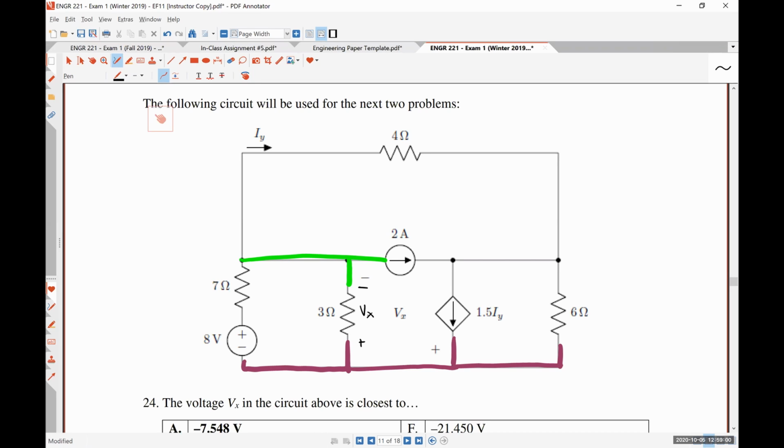And that is because they're in parallel, right? No, it's from the definition of voltage. Voltage is defined as the difference in electric potential between 2 points or 2 nodes in a circuit. So Vx is defined as the difference between this bottom node, or the maroon node, and the green node, which is the exact same thing as the voltage drop over the 3 ohm resistor, positive polarity on bottom.